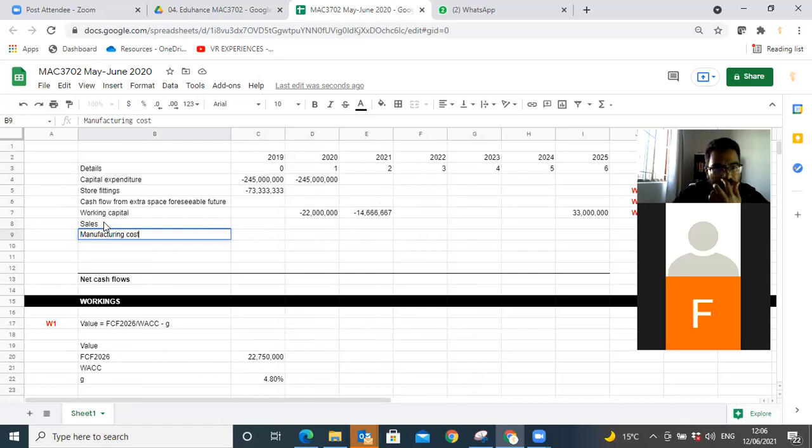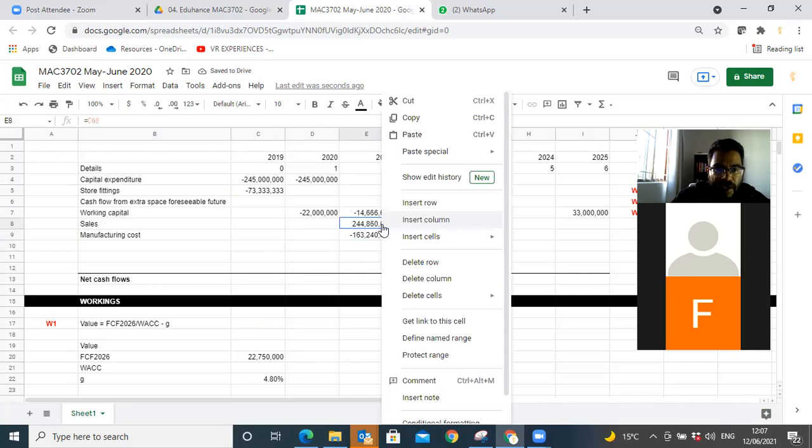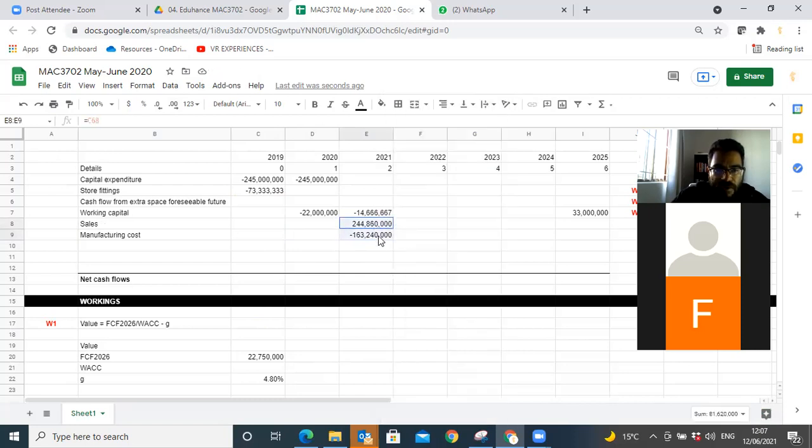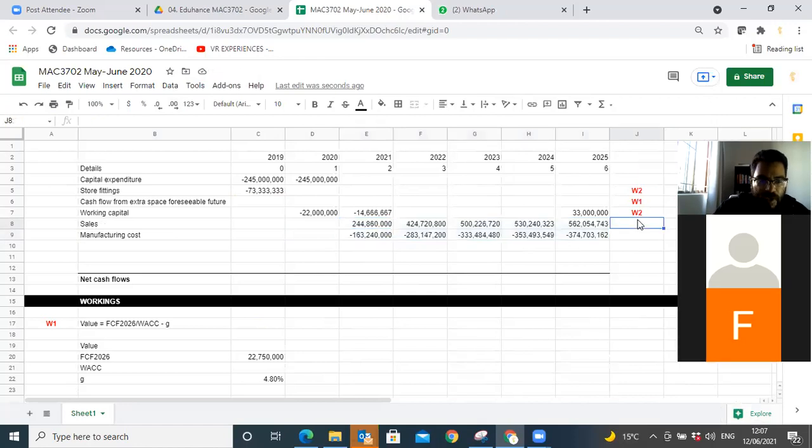So 2021 sales is equal to C68, and the cost is an outflow, so we have a negative C69. So there we go. Now I can just drag this formula across. You can just check that the numbers are right relative to whatever we had. And this is going to be working 3.